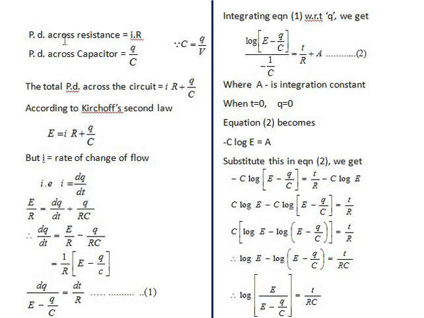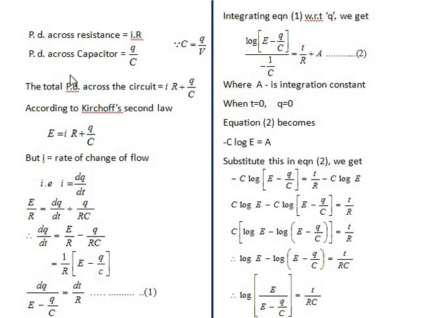Therefore, the potential difference across the resistance is equal to I into R, V is equal to IR. We are just applying Ohm's law here. And the potential difference across the capacitor is equal to Q divided by C, because the capacitance C of the capacitor is equal to Q, the charge on the plates of the capacitor per unit voltage.